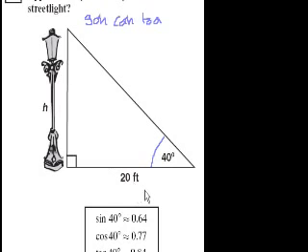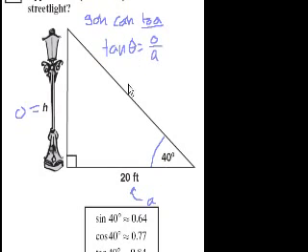They gave us the adjacent, right? This is adjacent to the angle. It's right beside it. The height that we're trying to figure out is the opposite. So we need a trig function that deals with the opposite and the adjacent, and that's tangent, right? TOA: tangent of any angle is equal to the opposite over the adjacent.